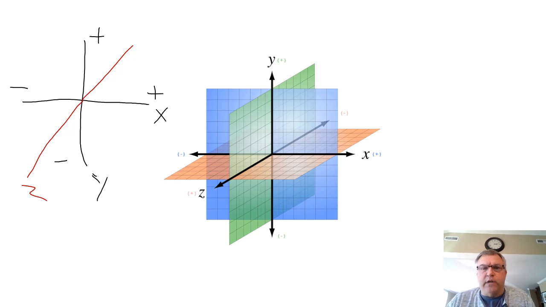My x-axis is horizontal, my y-axis is vertical, but my z-axis is coming straight out of the page and straight into the page. We define the positive z-axis as coming out of the page, so it's coming from the page or the screen right to your face. And the negative z-axis is going into the screen.